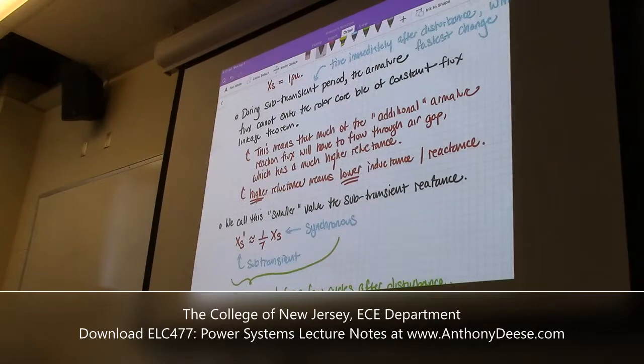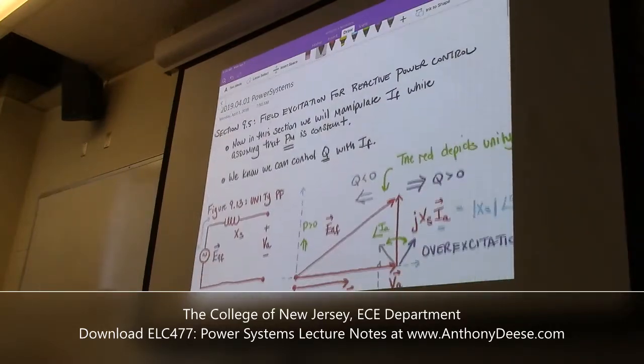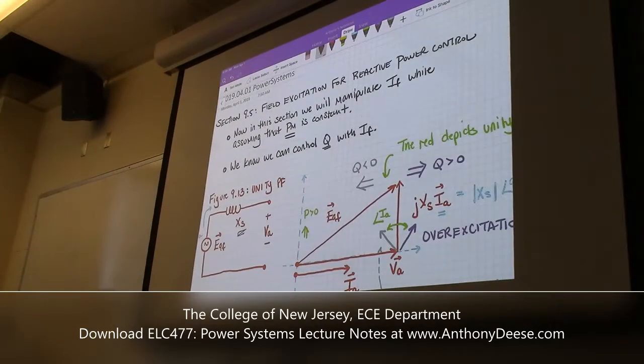You have XS, XS prime, XS double prime. And because we're in the transient period, you would be replacing the value of XS right here with the value of XS prime, and then calculating your solution. Other than that, there's really not too much to this. So that's the one side of it, the practical side.